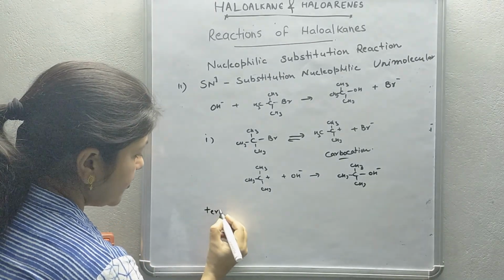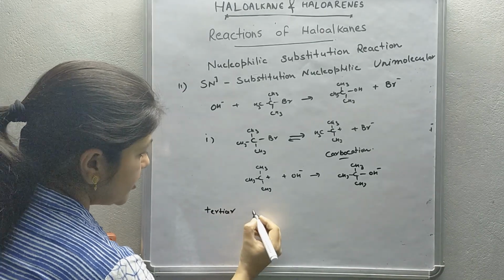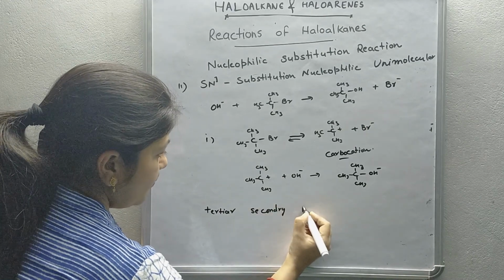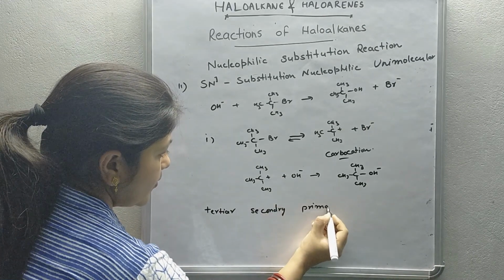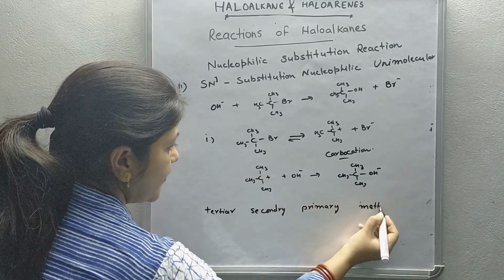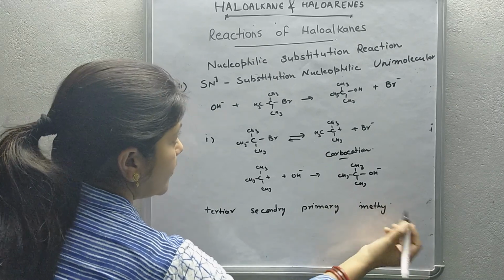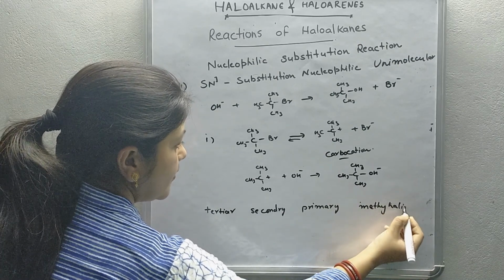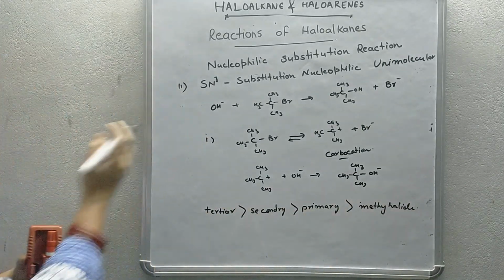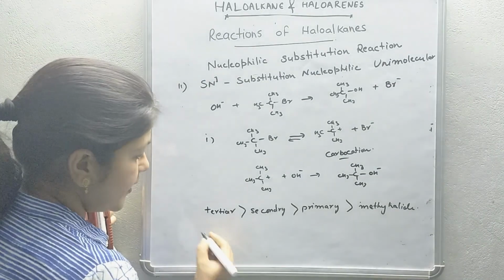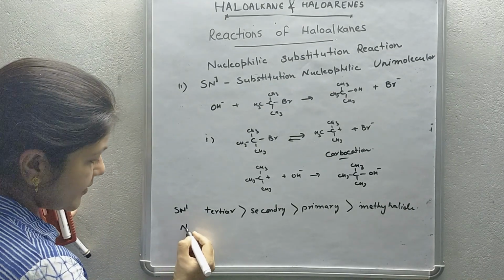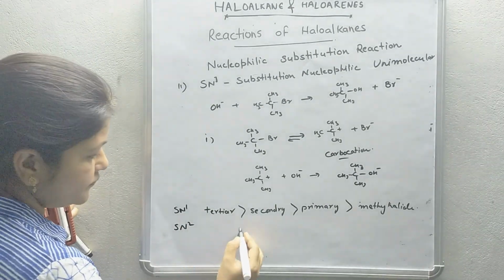Tertiary, secondary, primary and methyl halide will be this in SN1 reaction, whereas opposite in SN2 reaction.